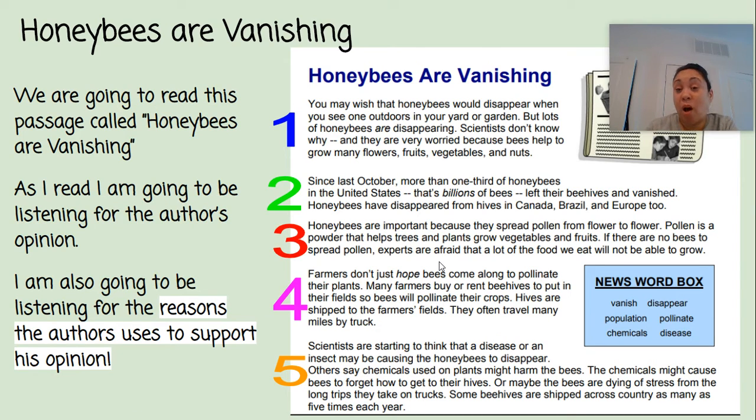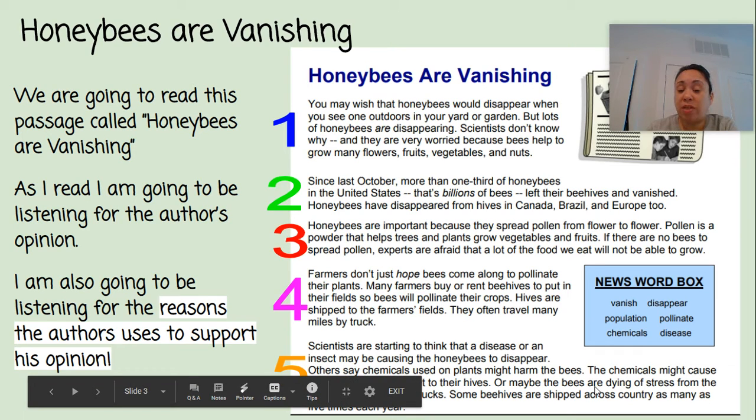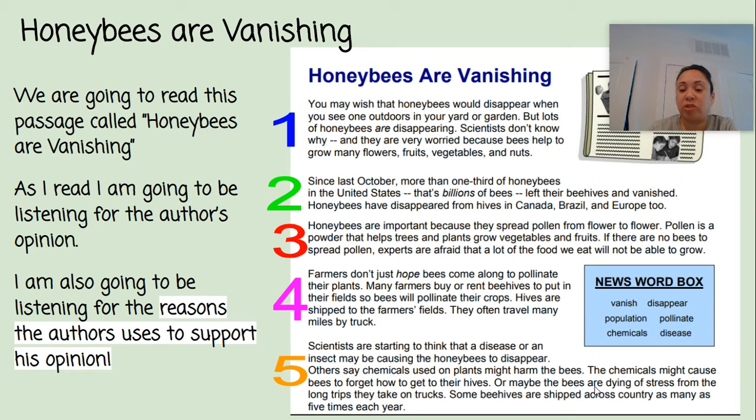And bees help many fruits and flowers and nuts to grow. The pollen is important powder that helps trees and plants grow vegetables and fruits. If there's no bees to spread pollen, experts are afraid that a lot of food we will not be able to grow. And here are some reasons they're thinking about what the problem is and why these honeybees are disappearing.